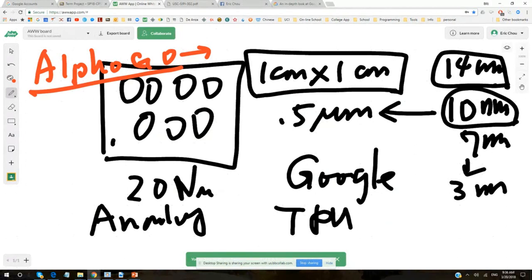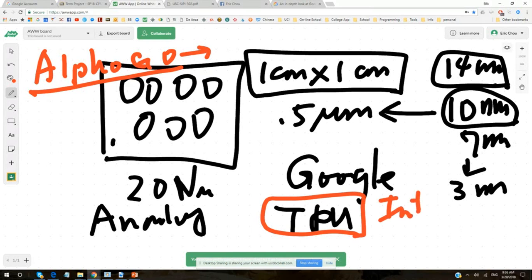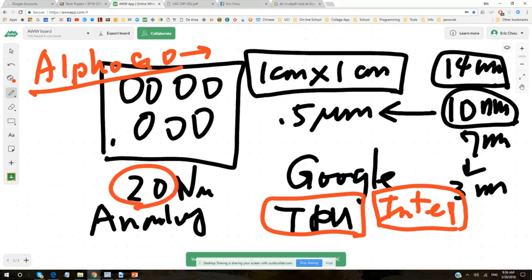There are quite many companies working on this sort of TPU or AI chip, including Intel, NVIDIA, and several others. They work on different flavors of AI chips right now, and they are all based on the RNN, recurrent neural network approach. But at that time, we could only put 20 neurons in there. As the processing technology moved up, in one dimension there is about 1,000 times more space, smaller for the neuron.